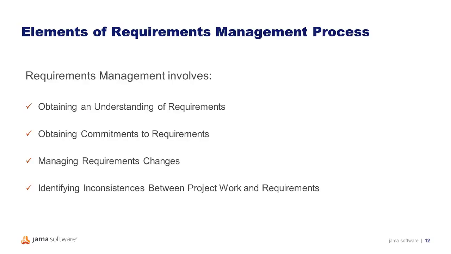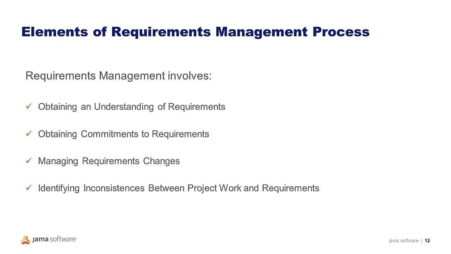So requirements management process has 4 main goals. It tries to ensure that there is an understanding of requirements by all the stakeholders, right? That they commit to those requirements or approve, or agree that those are the requirements that need to be implemented. That we manage requirements changes, and we'll talk about what managing requirements changes means a little later.